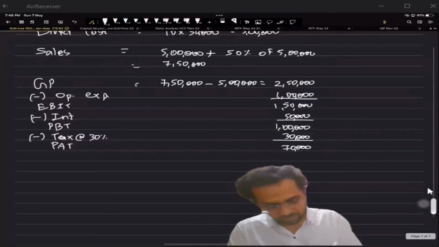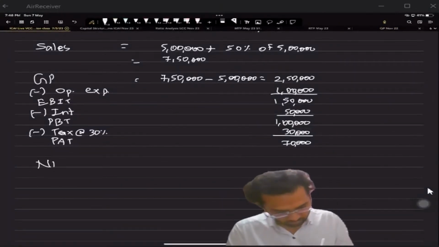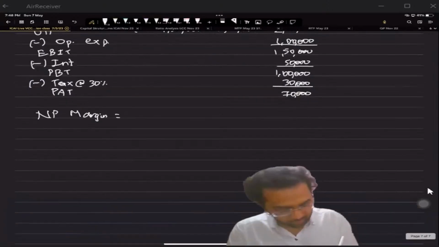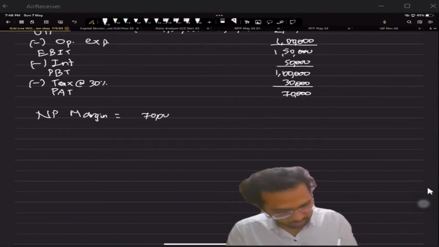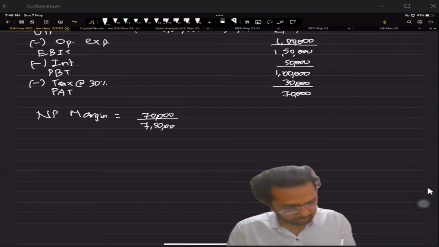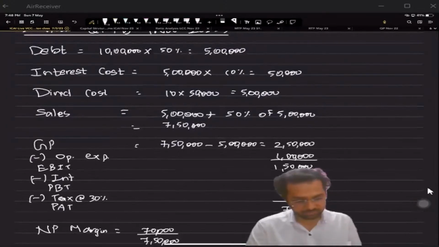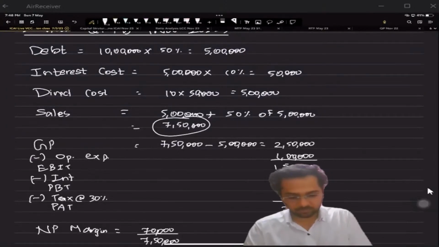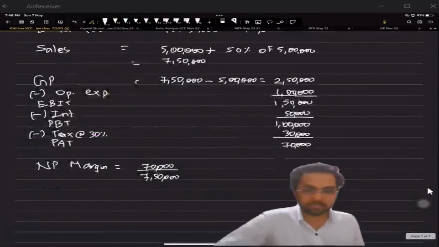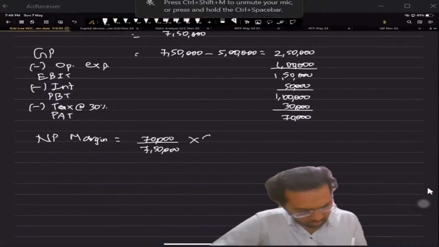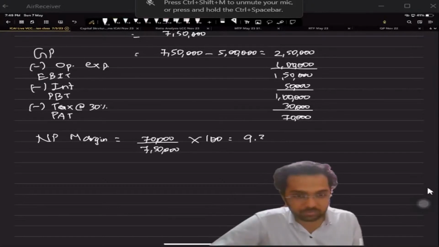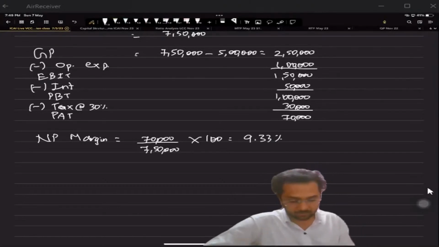Okay, so after this income statement, let's try to answer each one of them. First up, net profit margin. Net profit margin will be 70,000 net profit divided by 7,50,000 sales, into 100 to convert it into percentage, which works out to be 9.33%.